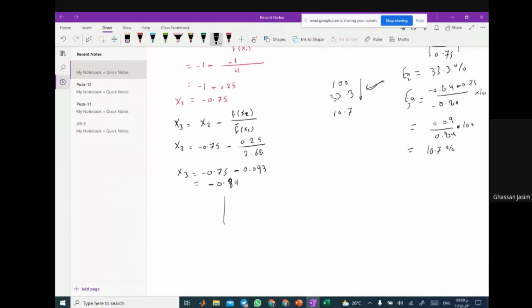And if we continue, it will become even smaller, and then we finish.